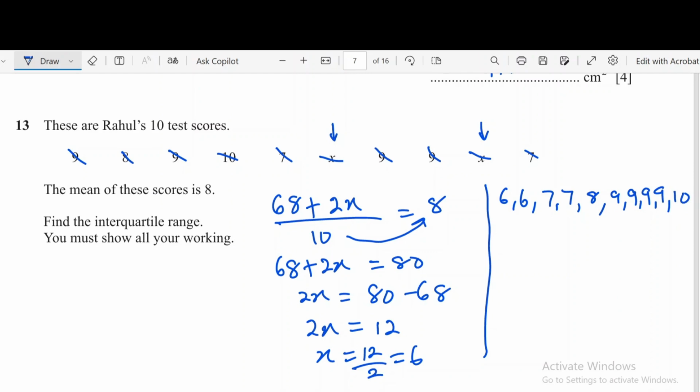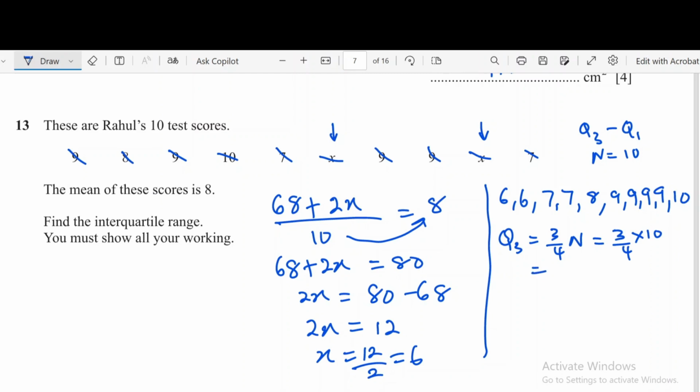So now we want to look at the interquartile range. Interquartile range is upper quartile minus lower quartile. So the upper quartile is 3 over 4 of the entire distribution, that is 3 over 4 of n, where our n is 10. There are 10 numbers. We have 3 over 4 times 10.